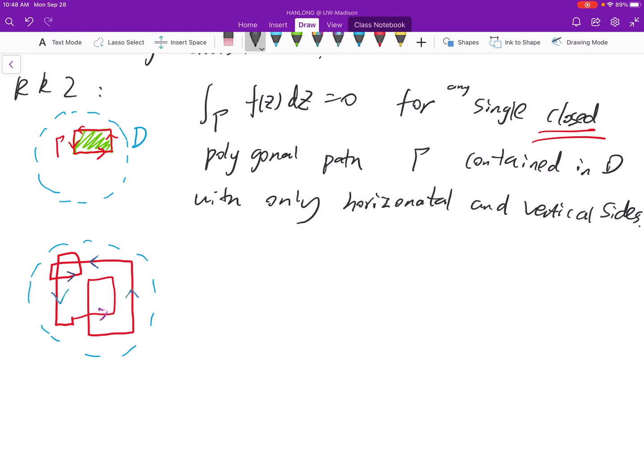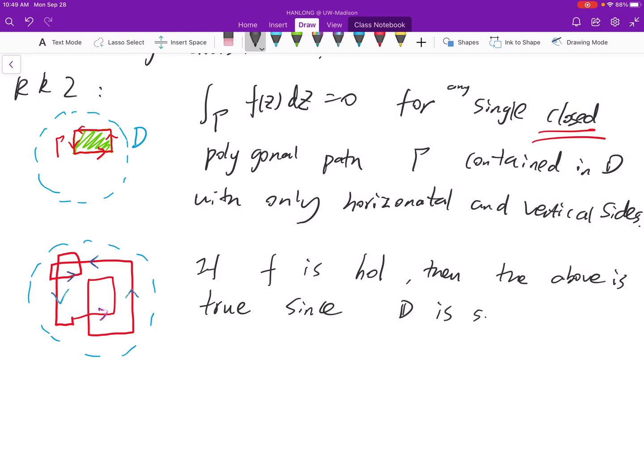Actually, if f is holomorphic, then the above is true, since D is simply connected.